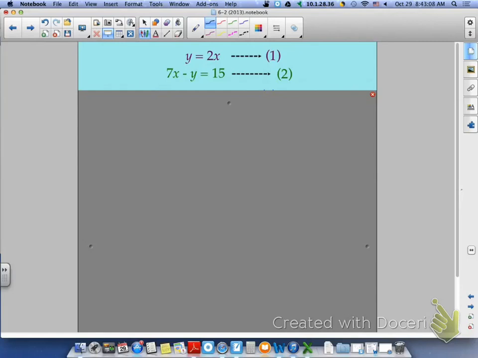The operative word is substitution. You want to substitute.